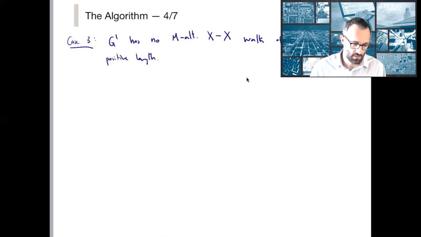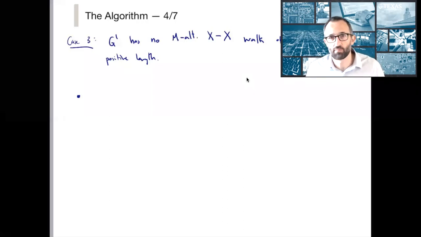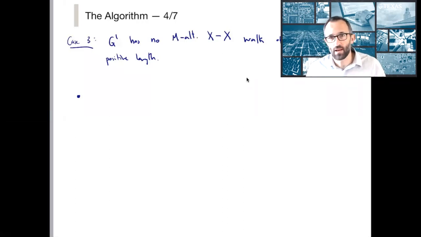What does that mean? That means that there was some element in X. I know that X is not empty, because X is the set of exposed vertices. If X is empty, then I have a perfect matching, and as we've said, we stop.